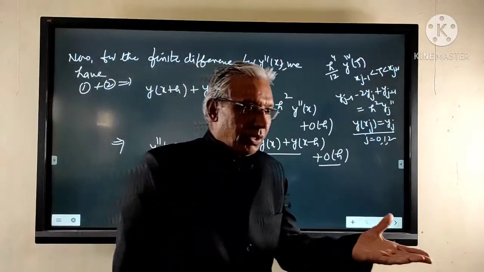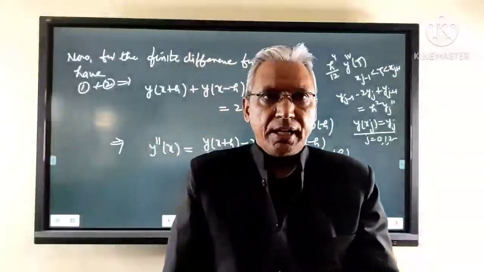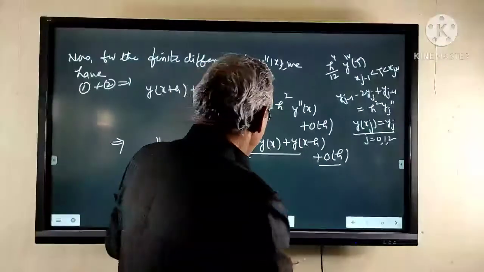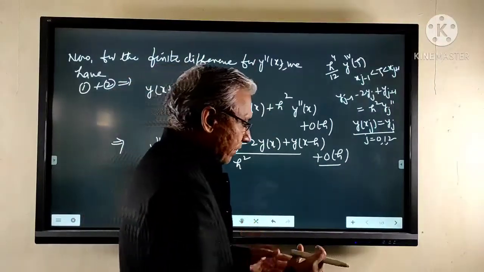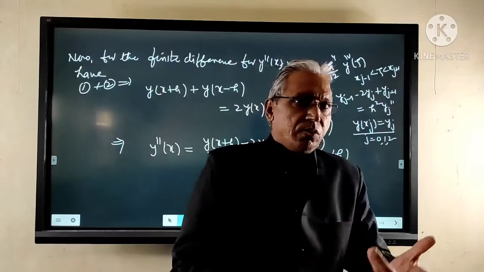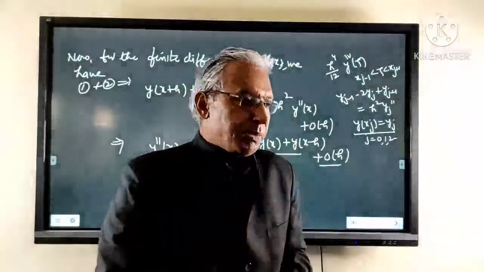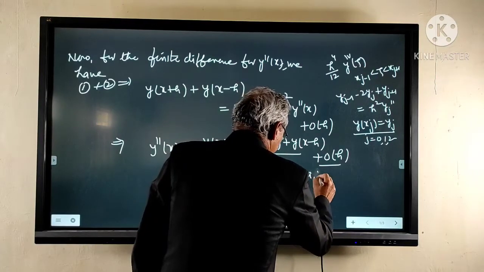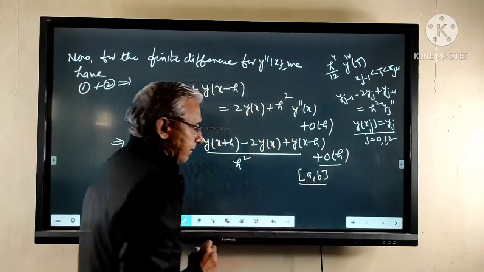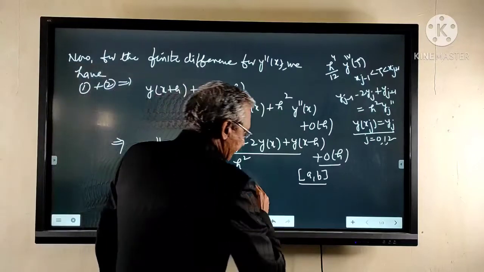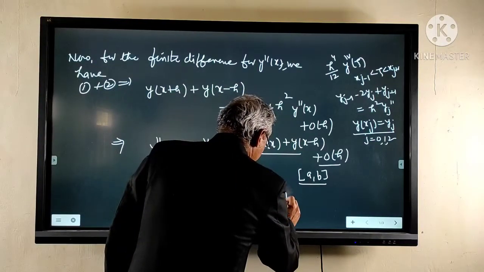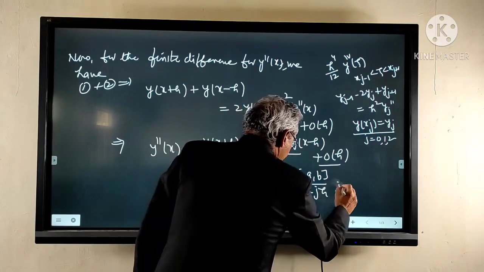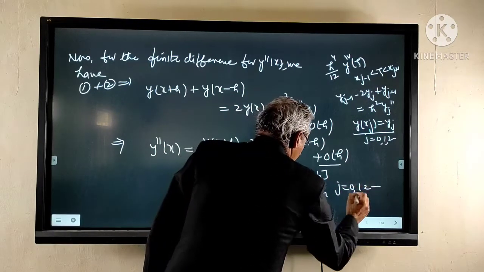Similarly, we can obtain the higher order finite difference approximations. Suppose we want nth order approximations, then we divide the closed interval [a, b] into n subintervals with x_j = a + jh, j = 0, 1, 2, and so on.